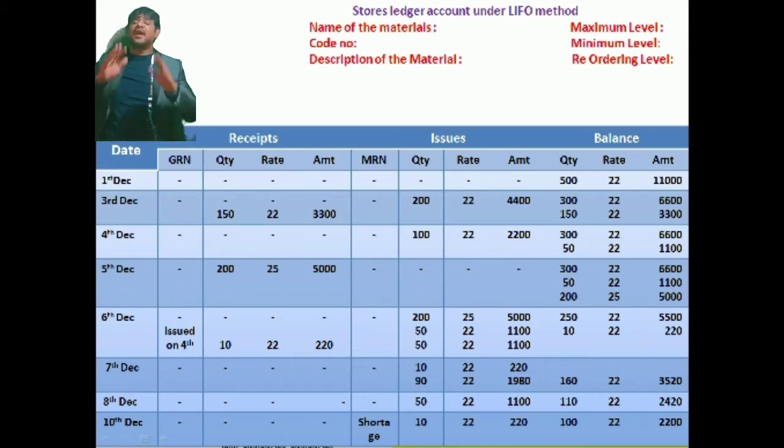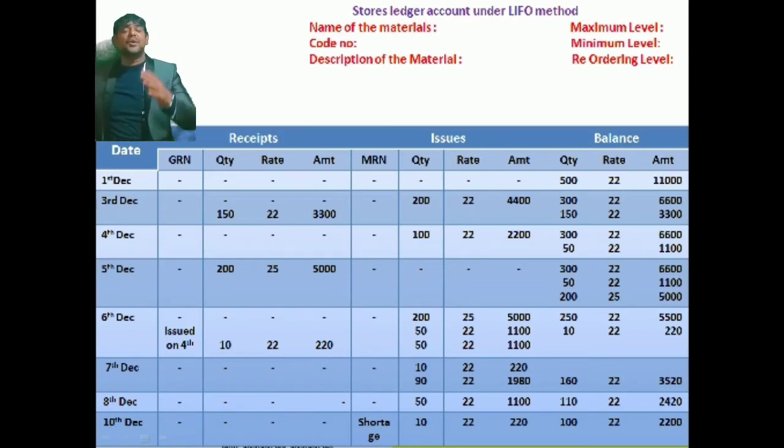Okay, now open the table with 4 main columns, that is the date, receipts, issues and balance. Under receipts, how many columns? 4 columns: GRN number, quantity, rate and amount. Under issues: MRN number, quantity, rate and amount.